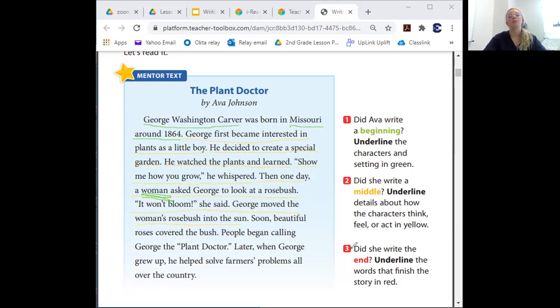So let's move on to number 3 and do the end. Number 3, did she write the end? Underline the words that finish the story in red. So again, feel free to pause your video, underline the end in red, and come back when you're ready to go over it together.